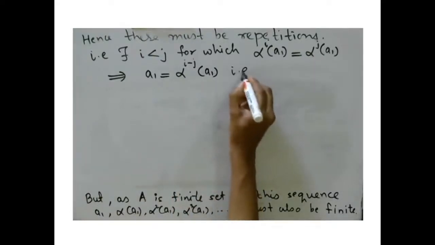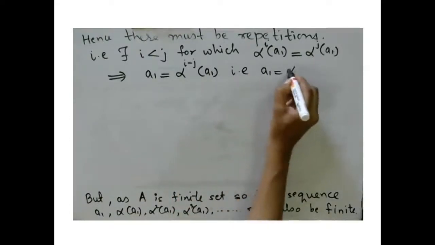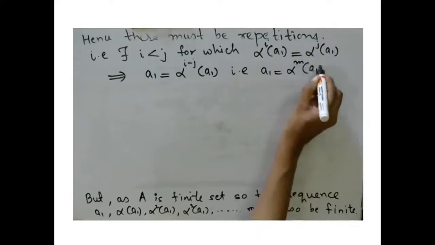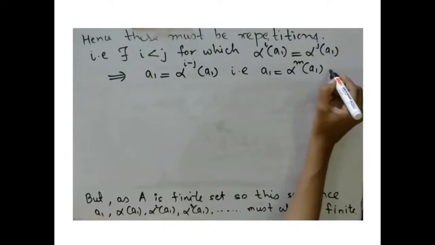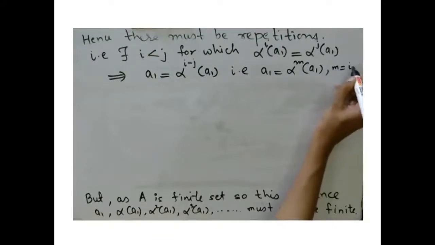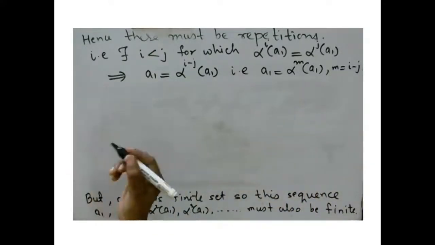That is, A1 is equal to alpha raised to m of A1. So at some point you will again go back to A1, with m equal to i minus j.